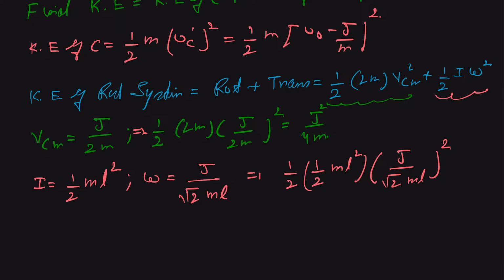Therefore, this second part will give us 1 by 8, and j square, and l square goes away, we are left with only m.